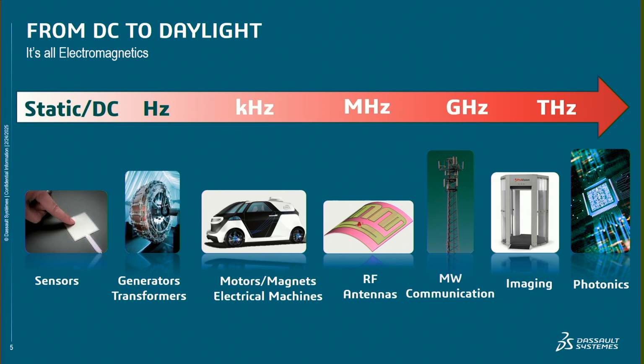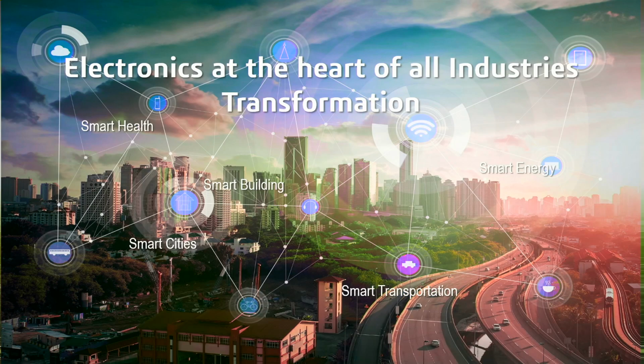Typical high frequency applications would be like RF communication, microwave communication. We're talking antennas. And even further than that, we move into the photonics spectrum, into the terahertz range. And if we can treat light as an electromagnetic wave rather than the particle, we can simulate it. And there's some really neat things we can do all across this spectrum, and it all falls under the broad umbrella of electromagnetics.